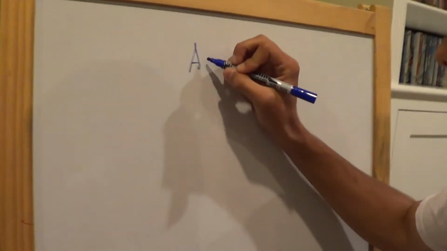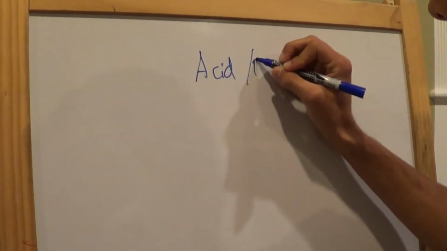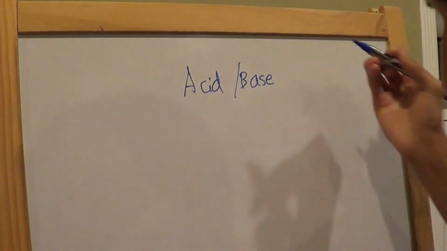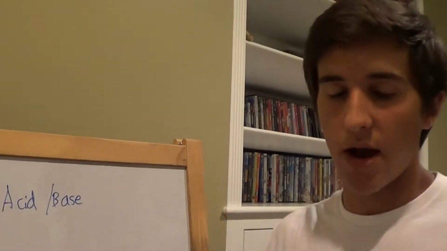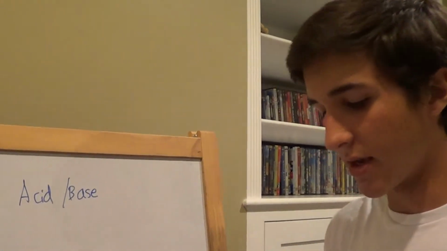Alright, I'm guessing that you guys have this, right? Alright, we're gonna go on to acid-base reactions now. Alright, for an acid-base reaction, basically gonna be reacting an acid and a base, just like it says.